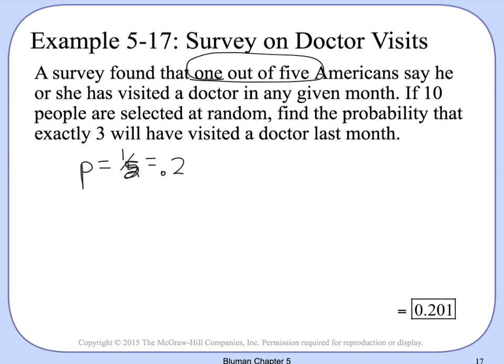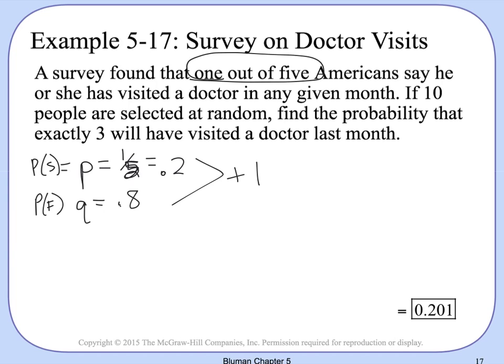What are the other things we need to know? Probability of failure. We won't actually have to type that into binomial PDF, but let's write that down. Probability of a failure, that's Q. So this is probability of a success, and this is probability of failure. Probability of failure would be 0.8, 4 out of 5, and those add up to 1. What else do we need to know? Number of trials.